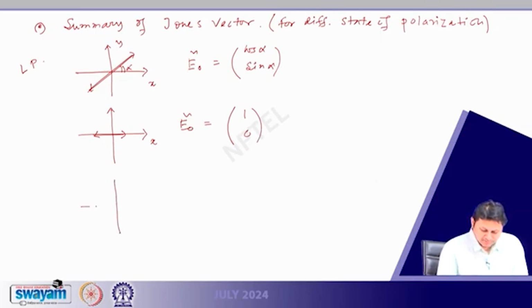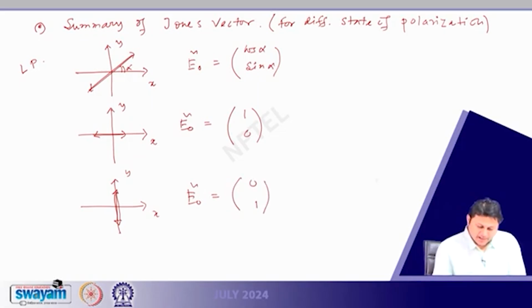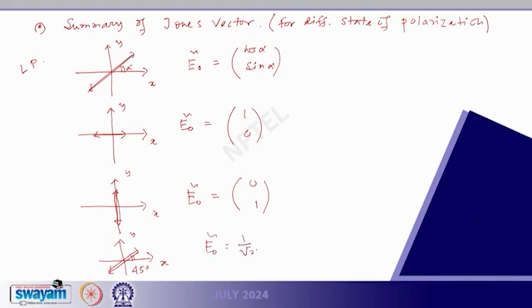When it is vibrating along y direction, it should be 0 1, and when it is vibrating at a 45-degree angle, I can write it with a normalization factor as 1 1. That is for linear polarized light.